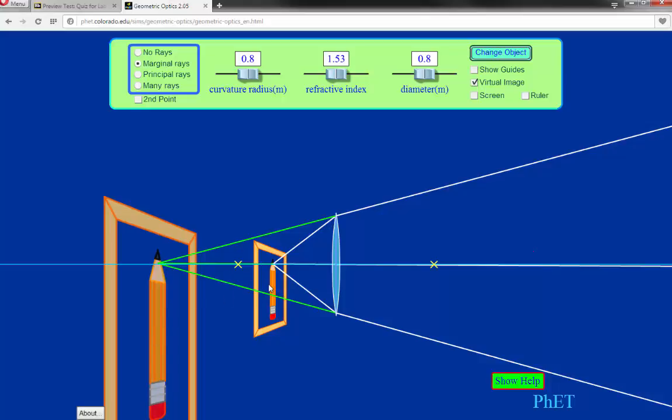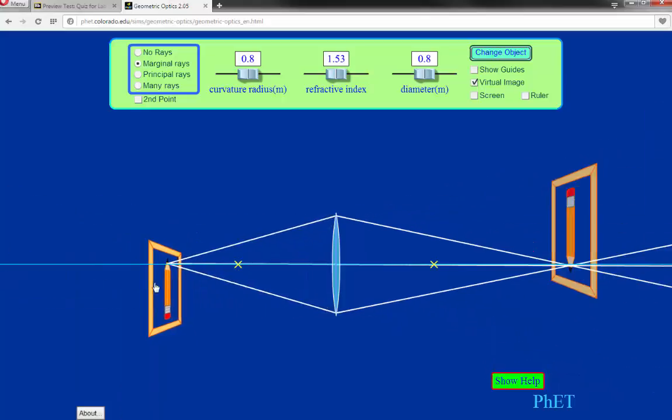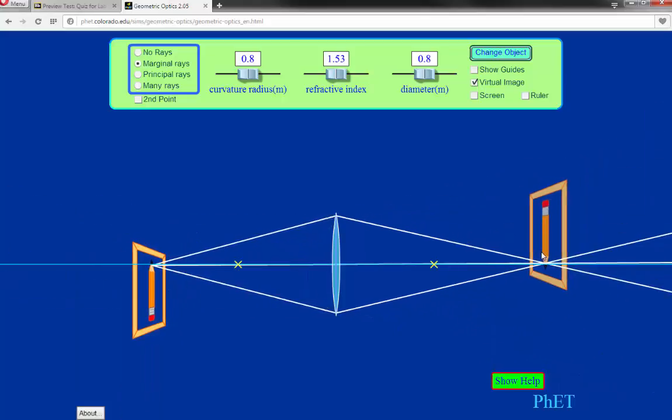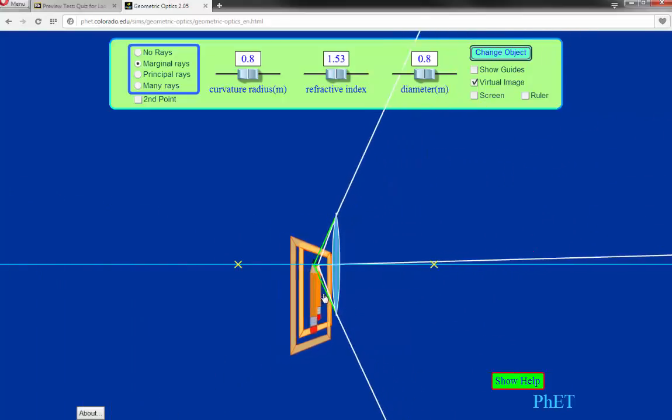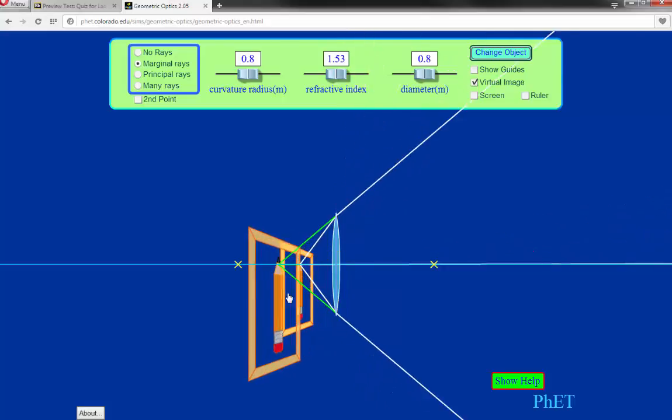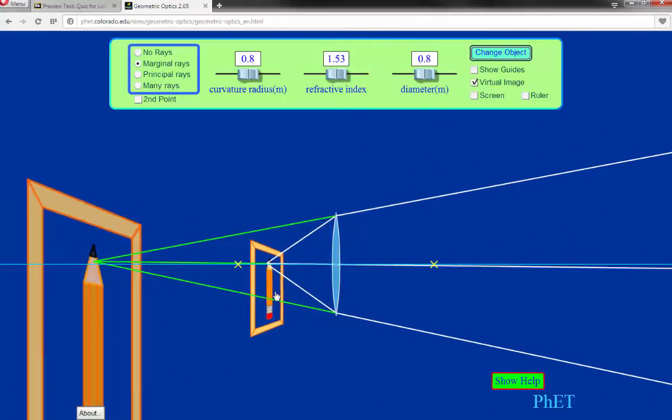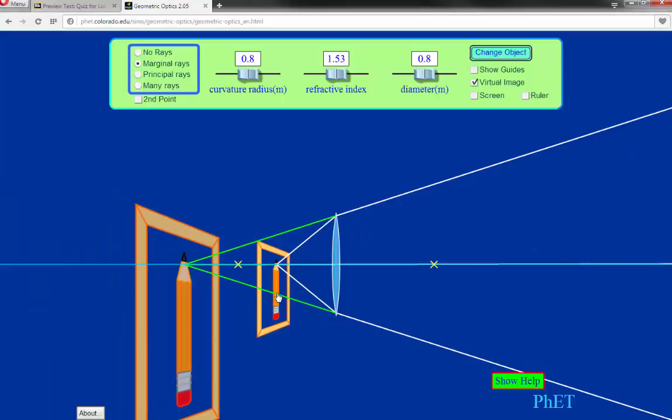Looks like it is upright, whereas when I had the object back here, the image is actually upside down or inverted. So here the image is upright, and no matter how close I get to the lens, it's always farther away from the lens than the object. So it should be upright, bigger, virtual image, farther away from the lens.